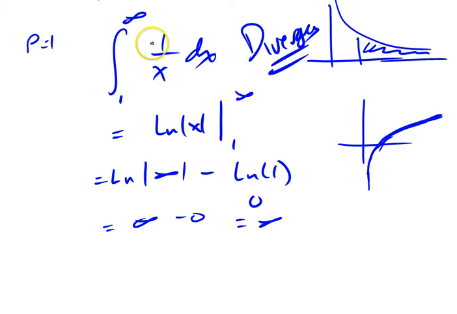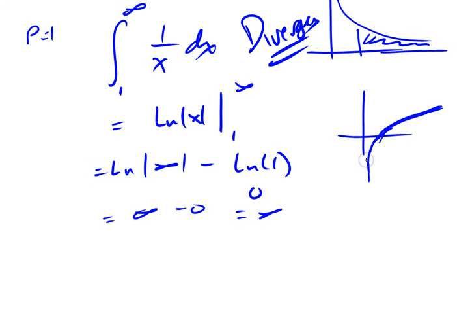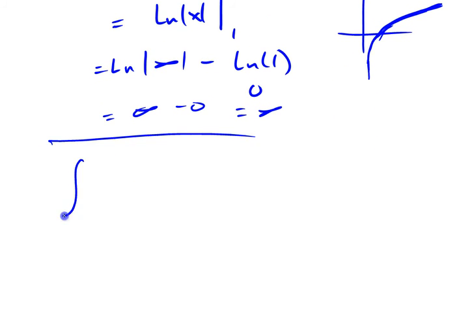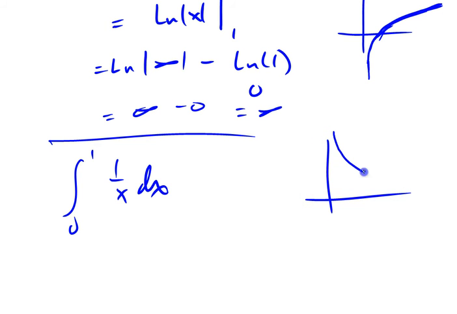So that's going to play a crucial role in this process here. This integral of 1 over x actually diverges. Let's look at this area now. So let's do the integral from 0 to 1 of 1 over x dx. So we're looking at this integral right here, that area.